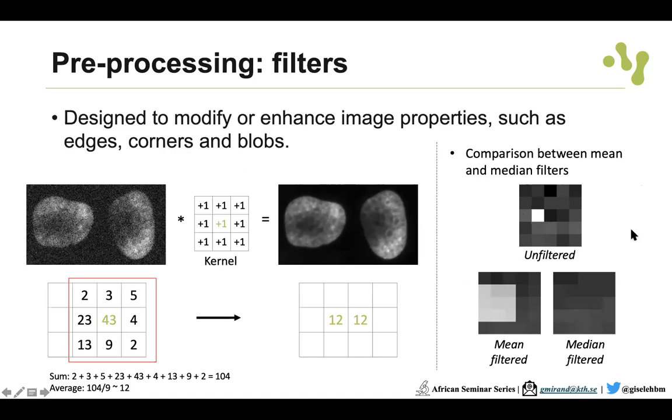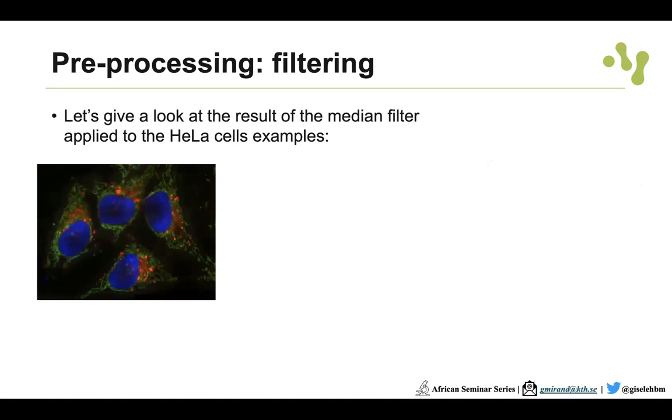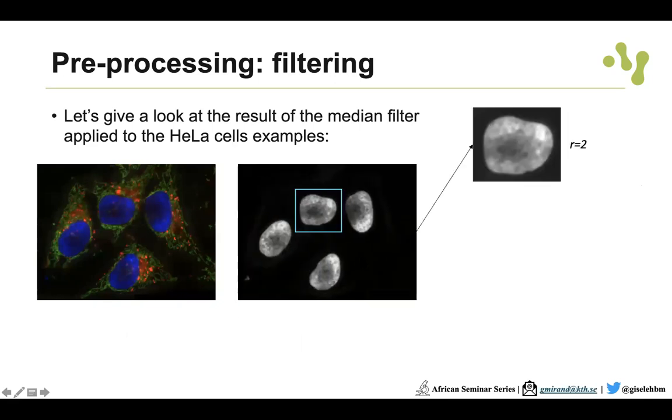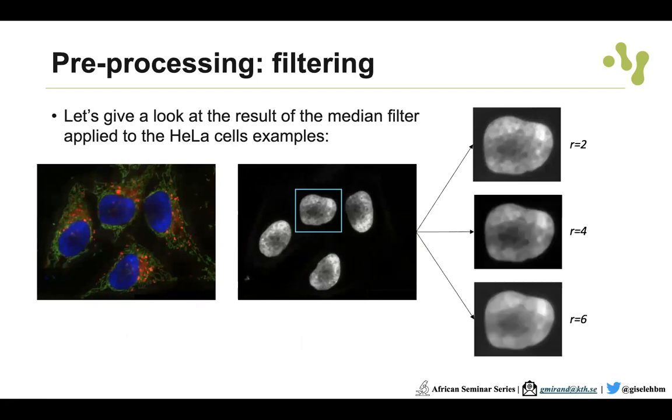So the choice of the filter depends on what you want to do, what your goal is. Let's look now at the result of the median filter applied to our HeLa cells example for different kernel sizes. Here's a radius of 2, here 4, and here 6.